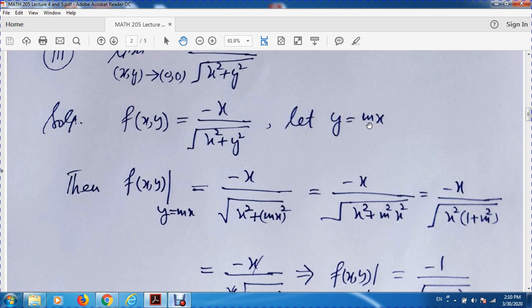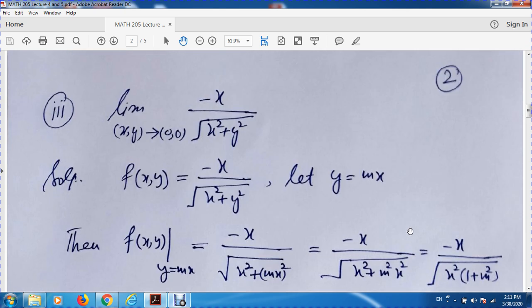Then this will be minus x over the square root of x squared plus mx whole squared, which is m squared x squared. So that is equal to minus x over the square root of x squared, and I can take x squared common, so it will be 1 plus m squared times x squared.